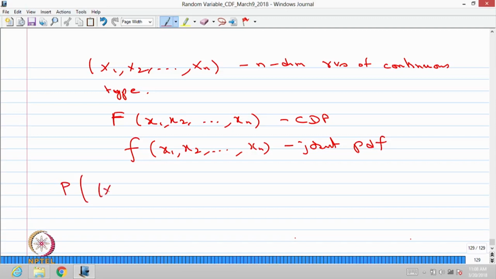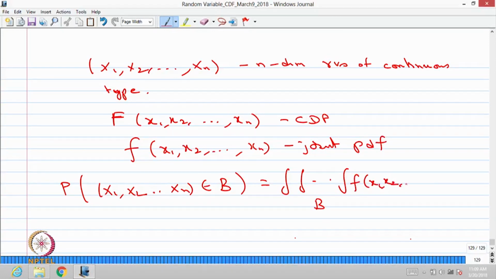Whenever you need to find the probability of (x1, x2, ..., xn) belonging to some Borel set, some capital B, which is in Rn, that is nothing but the n-dimensional integration over the Borel set capital B of the joint probability density function for an n-dimensional random variable.